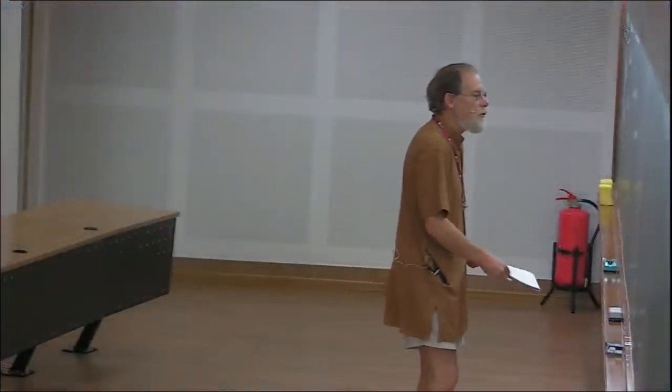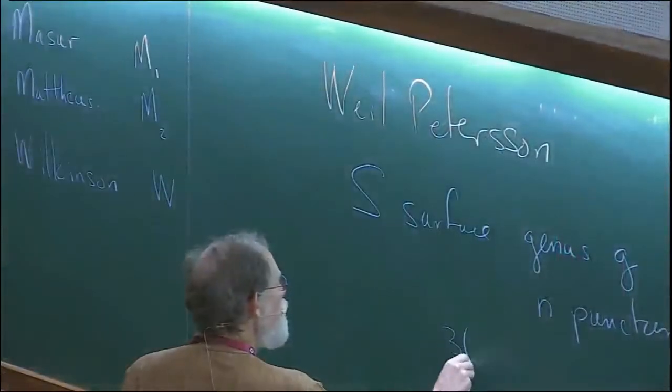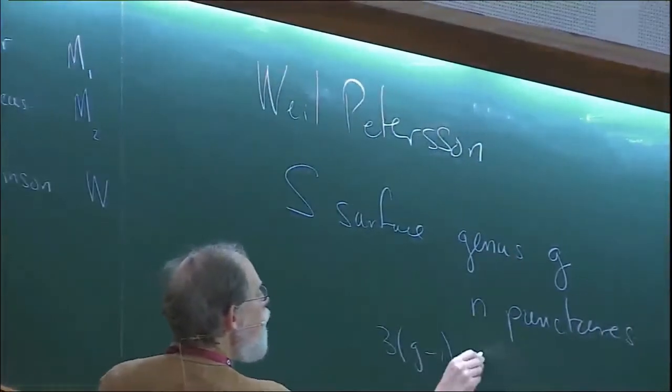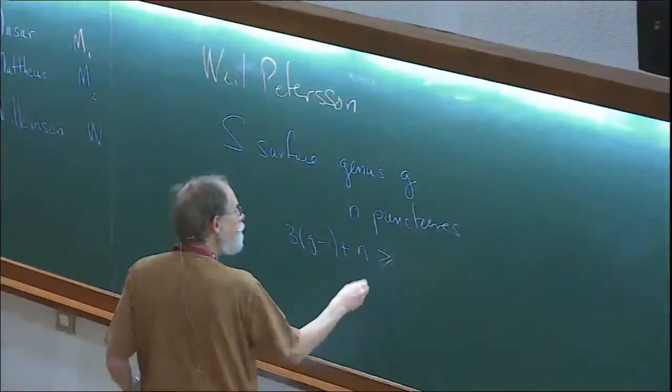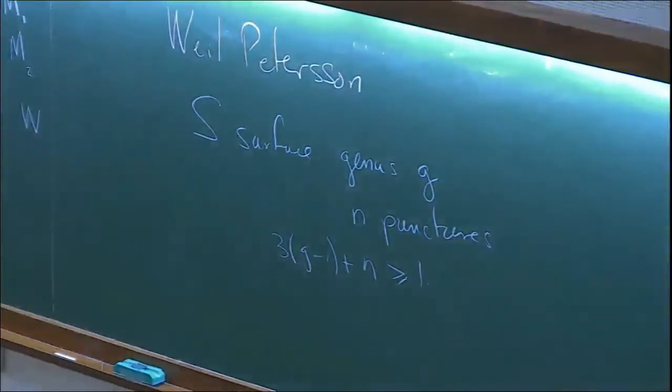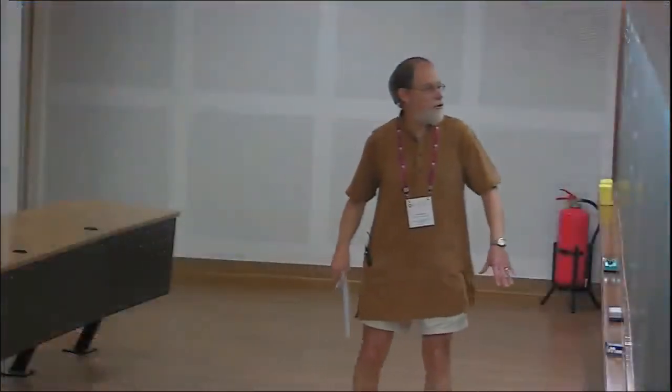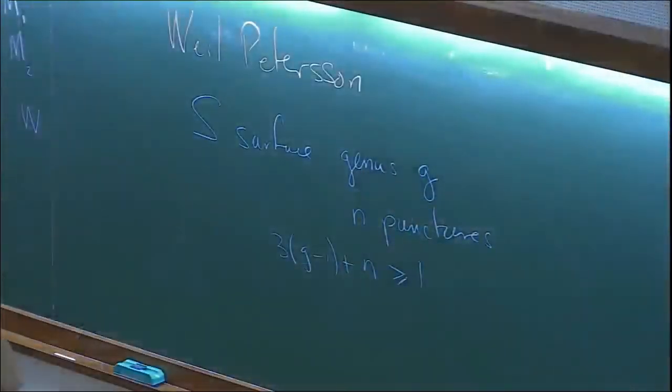And I think we want an inequality like 3 times (g minus 1) plus n greater than or equal to 1, to make sure that the surface will support metrics of constant negative curvature.